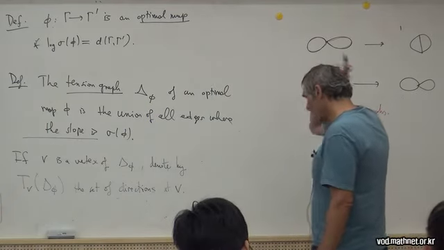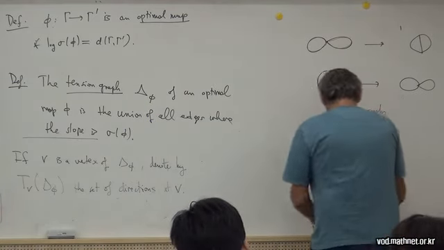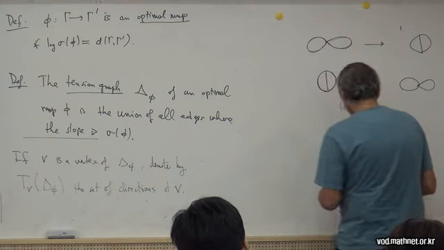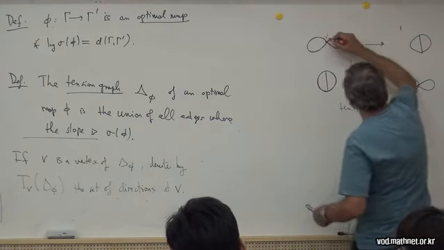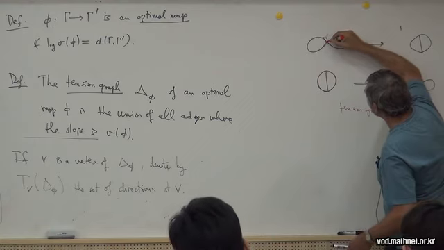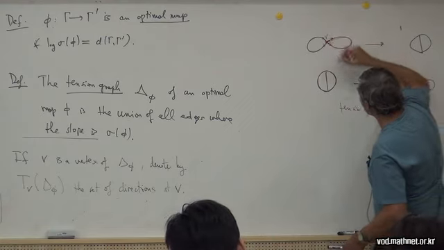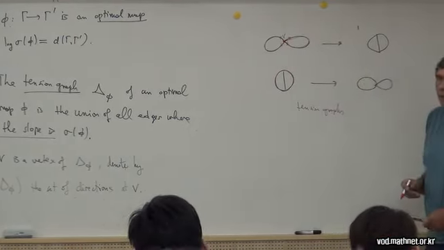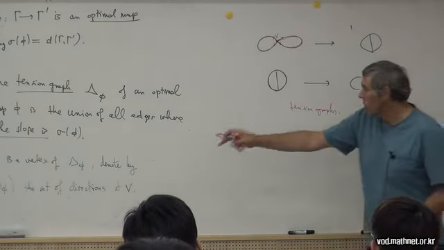So what do I mean by this? Here's a vertex v of the tension graph. There are 4 directions out of it, 4 different ways of leaving v. So in this case, this set would consist of 4 elements.